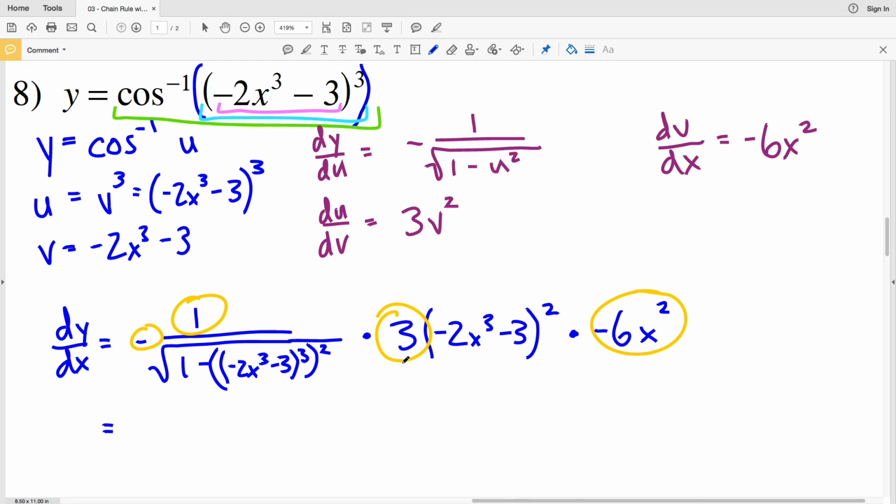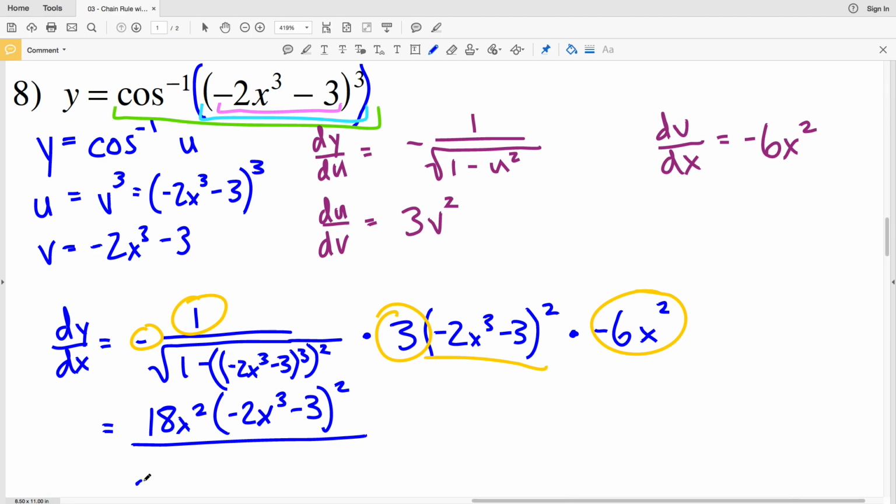So that's going to be negative 3 times negative 6, which is a positive 18, and that's multiplied by x squared, but then I need to multiply by that negative 2x cubed minus 3 squared. So that's my numerator.